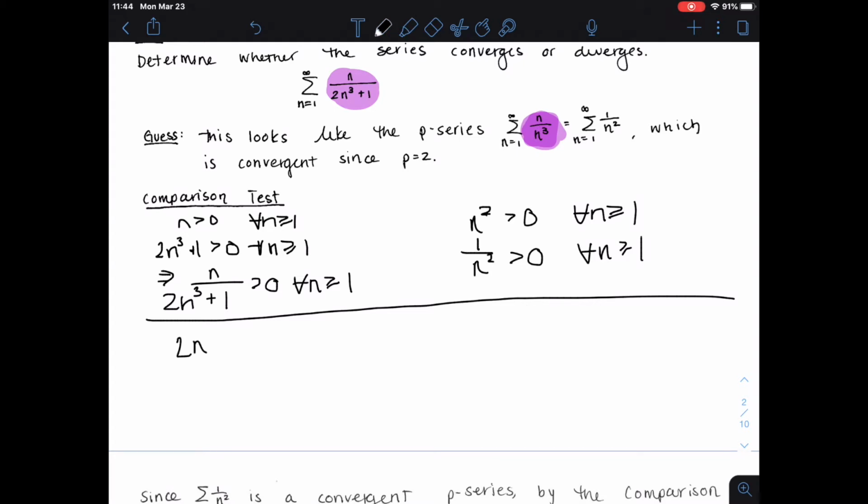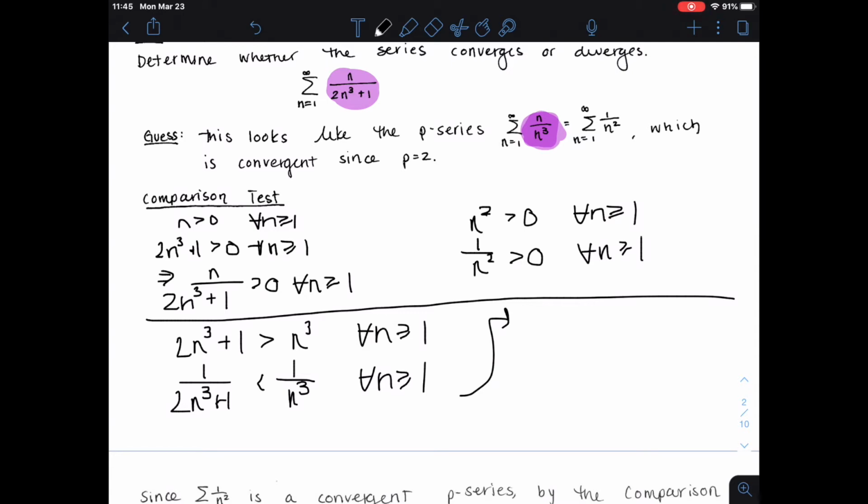If you look at 2n cubed plus 1 and n cubed, well, 2n cubed is definitely bigger than n cubed. So this is true for all n greater than or equal to 1. So when you flip it, 1 over 2n cubed plus 1 is less than 1 over n cubed for all n greater than or equal to 1.